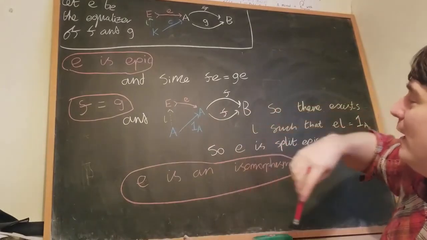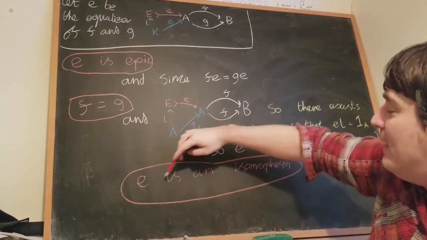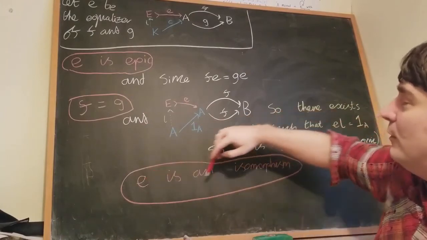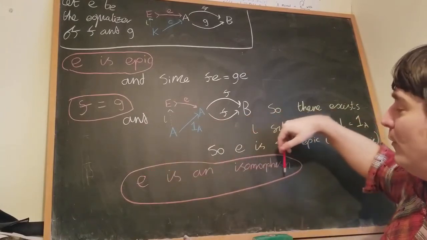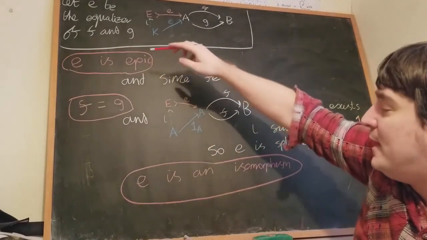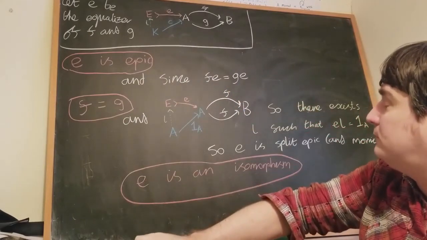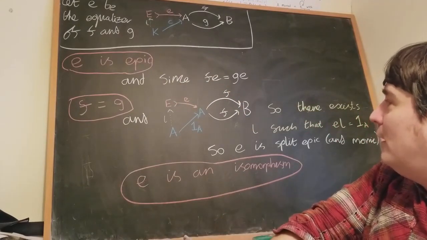So we have finally got that this implies this. And then it's also pretty straightforward to show that any isomorphism is epic. So this implies this. So there we have it.